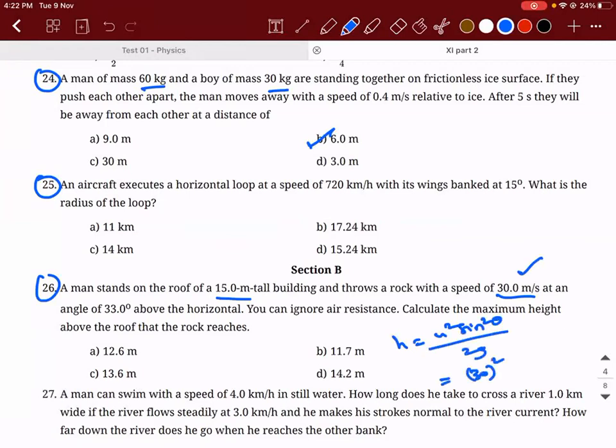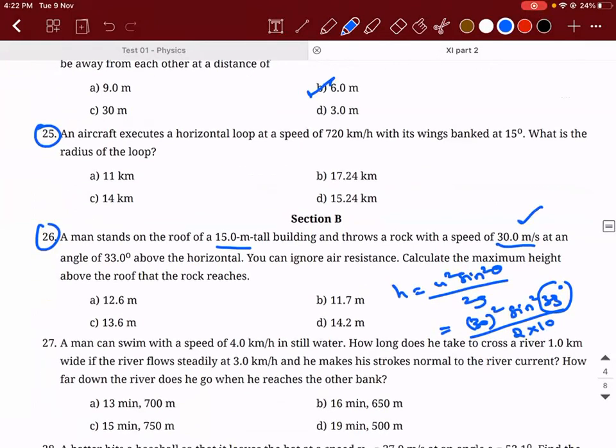So 30 square sine square 33 degrees divided by 2 into g, which is 10. Since we don't know the exact value of sine 33, sine 30 is half, so it will be slightly greater than half. So 30 square is 900 divided by 20. This and this will get cancelled. 45 into, it will be somewhere around 1 by 4.